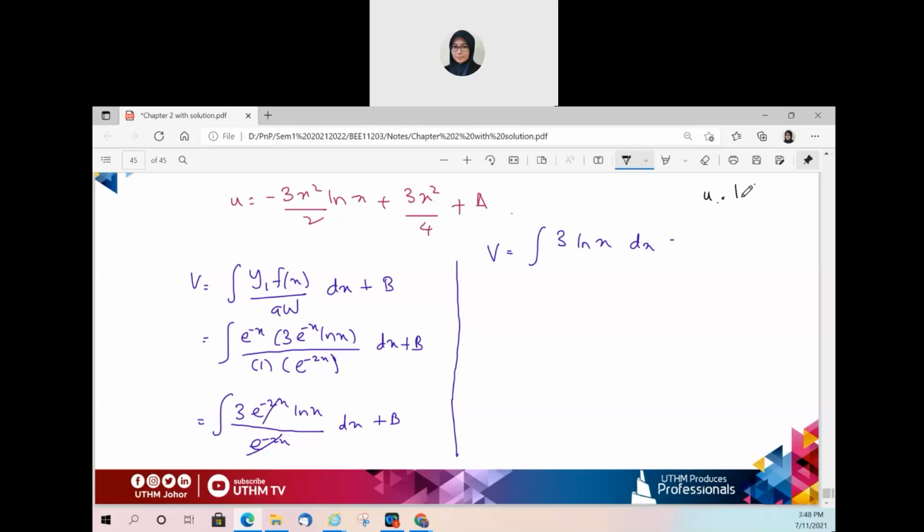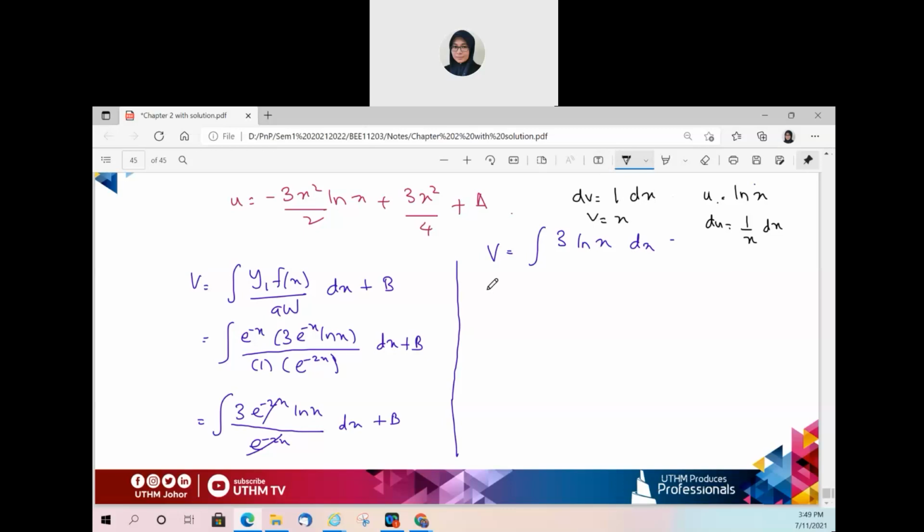Then du equals 1 over x dx. And dv equals dx, so v equals x. Right?